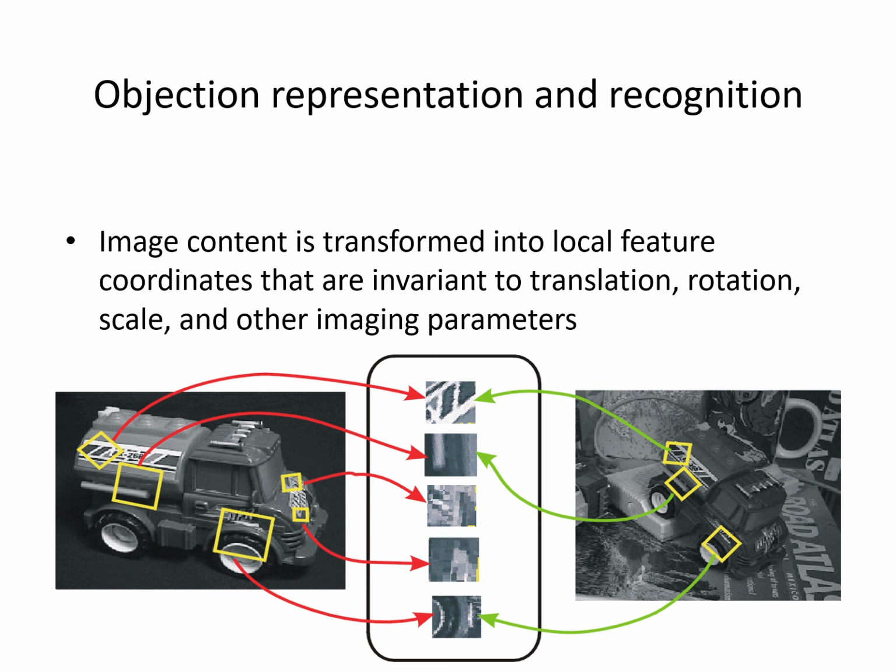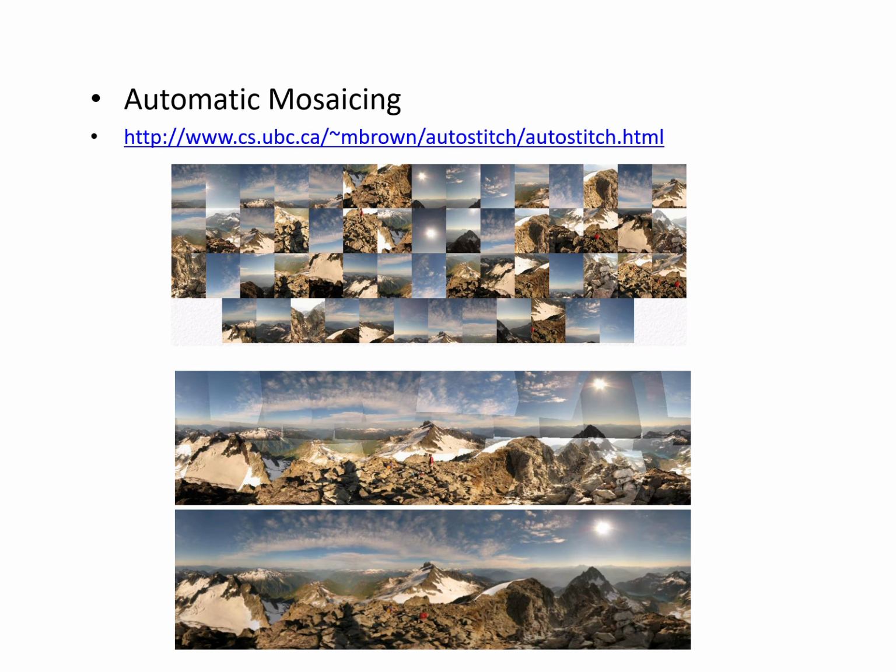For object representation and recognition, the image content is transformed into local features and coordinates that are invariant to translation, rotation, scale or other image parameters, which come under geometric transformations. This shows you the automatic blending.